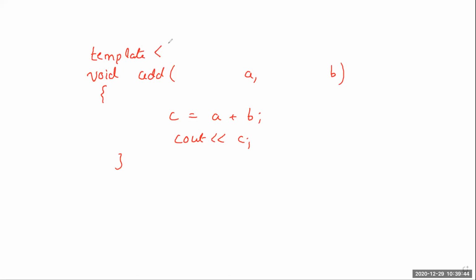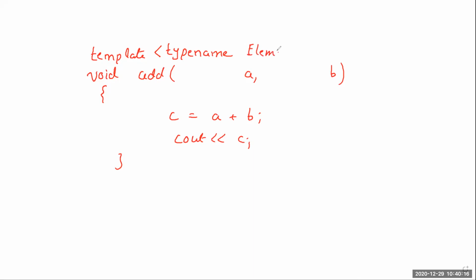Within the angle brackets you will write, this is just syntax, so maybe it seems strange to you in the beginning, but you will get used to it. We have written template, typename. This is fixed, you cannot change it. But after typename you can put anything, just like you choose the name of a variable. You can call it data, element, item, abc, xyz, anything that you like. I'm calling it element.